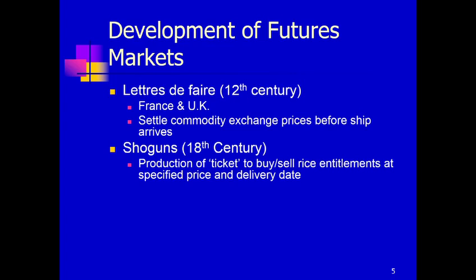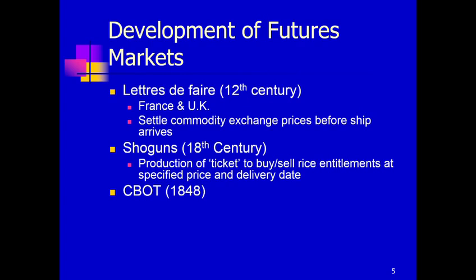So if you look around the world, you actually find examples of futures markets being visible, futures contracts, but it's not similar to what we're more familiar with today. The first example of a modern-day futures contract was in 1848 in the Chicago Board of Trade, and it was for commodities.